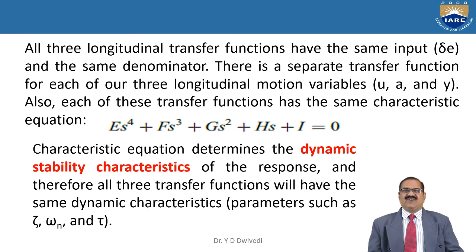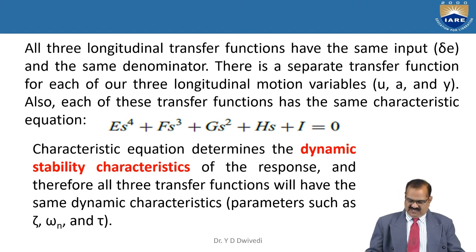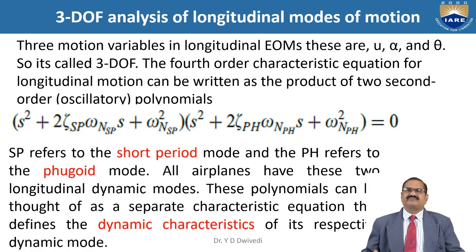The characteristic equation determines the dynamic stability characteristics of the response, and therefore all three transfer functions will have the same dynamic characteristics, with parameters such as zeta, omega n, and tau. So this zeta is your damping ratio, omega n is the natural frequency, and tau is a time period.